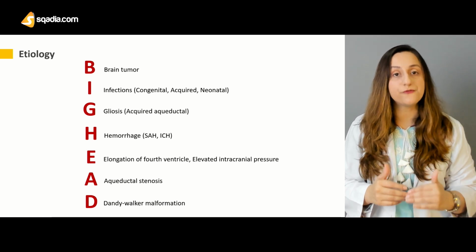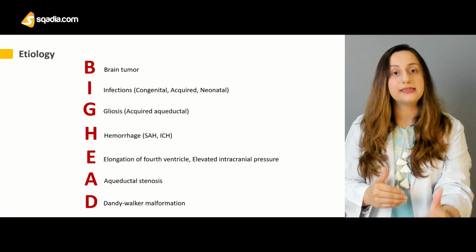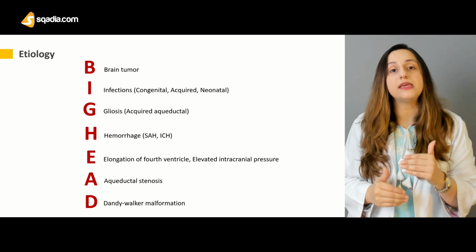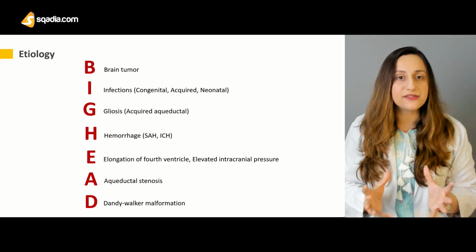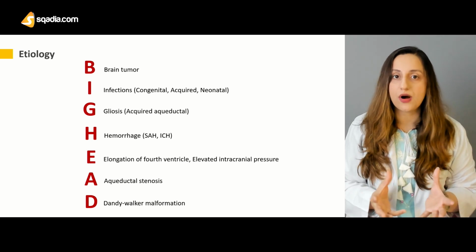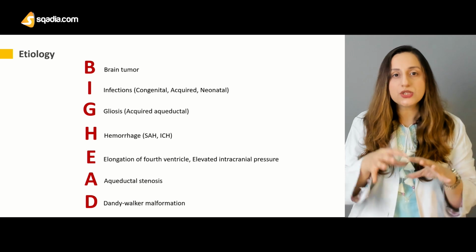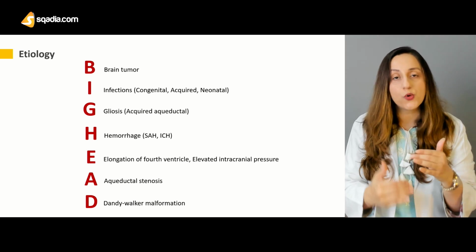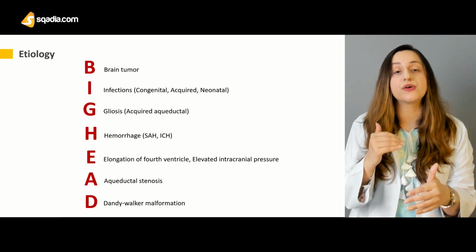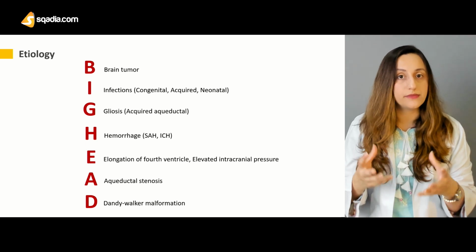We have these three fossae: the anterior, then the middle, and then the posterior cranial fossa. Whenever there is a maldevelopment or malformation of the posterior cranial fossa, it leads to some sort of malformations of the cerebellum, and along with that, the floor of the fourth ventricle is also affected in cases of the Dandy-Walker malformation.